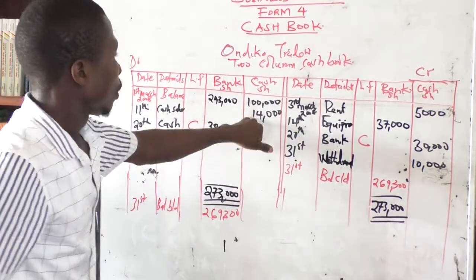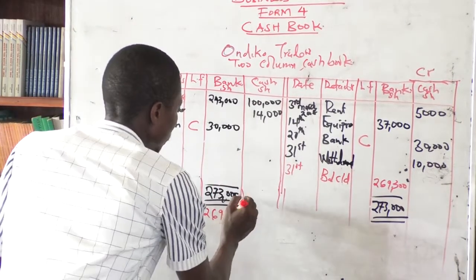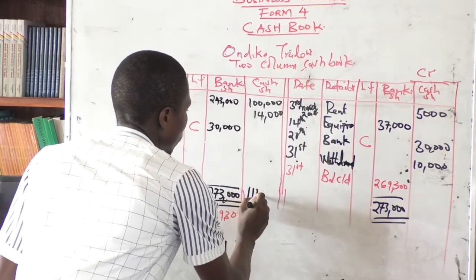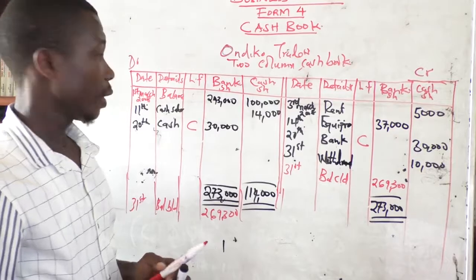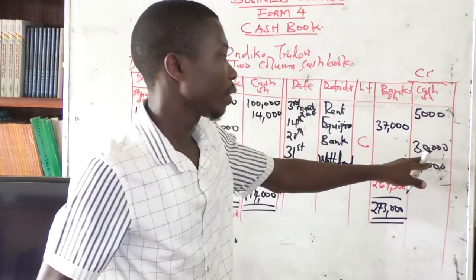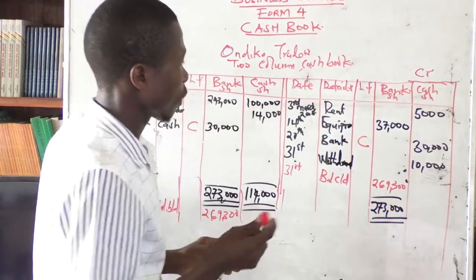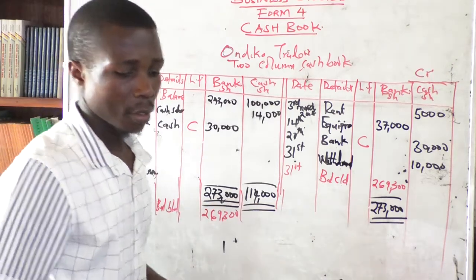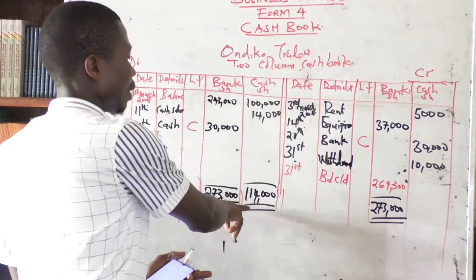Then this one, we go to the cash. We had this one plus this. This is literally 114,000. We also put a double line. Then we come here. If you had this plus this, that's 5,000 plus 30, that is 35, plus this one is 45. So 45, if you compare with that, 45 is less as compared to this.